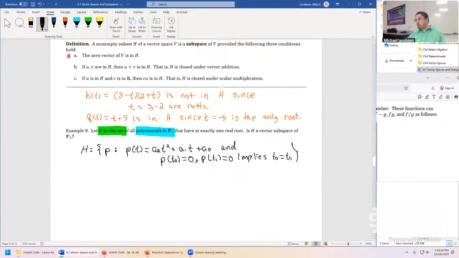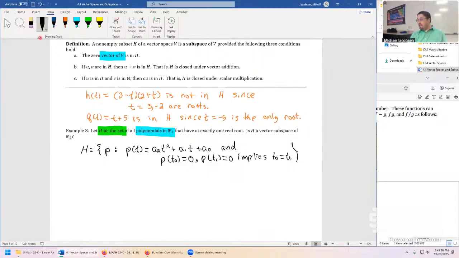Yeah, I would agree. This is a great place to start on this one. Does it indeed contain the 0 vector of V? The best way to address part A is you really need to write down that 0 vector of V. So what's V? V is a polynomial space P2. Well, we've written down that 0 vector once for arbitrary polynomial space Pn.